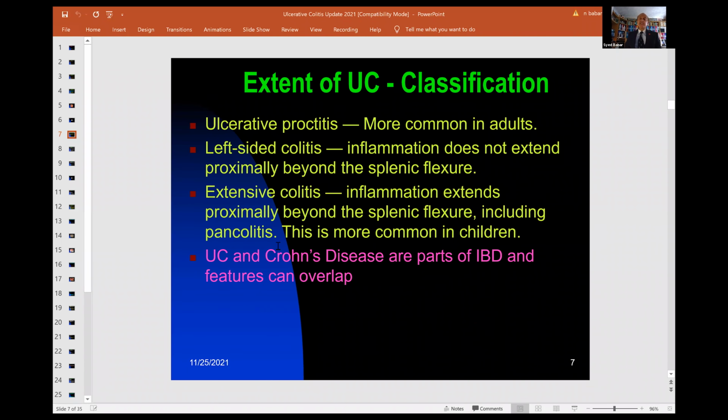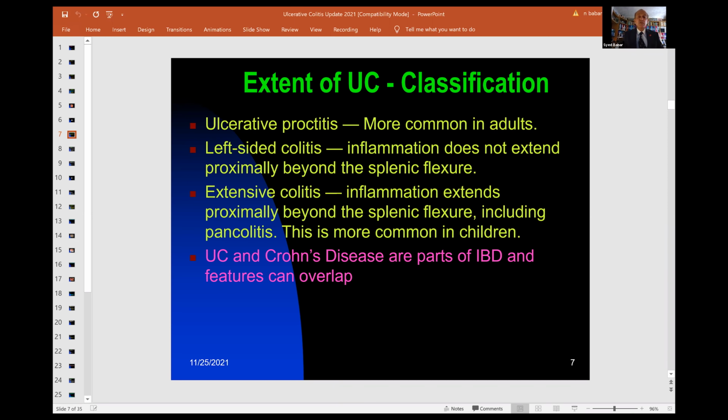So the classification would include endoscopic or imaging-based extent. So a patient could be suffering from ulcerative proctitis in the rectum, and this is more common to see in adults, and all of the colon, which is more common to see in children.